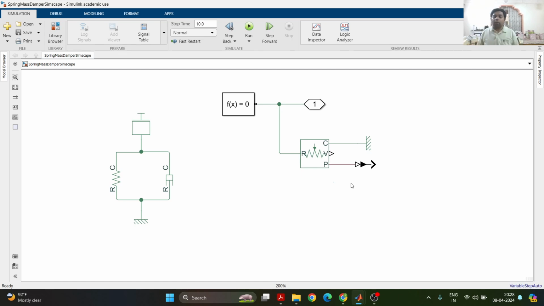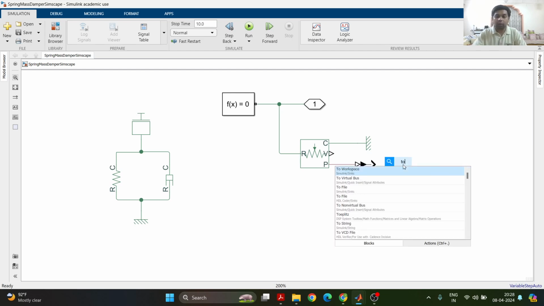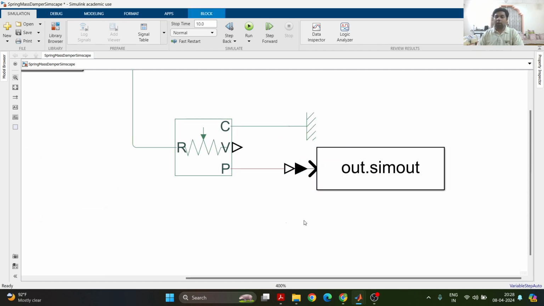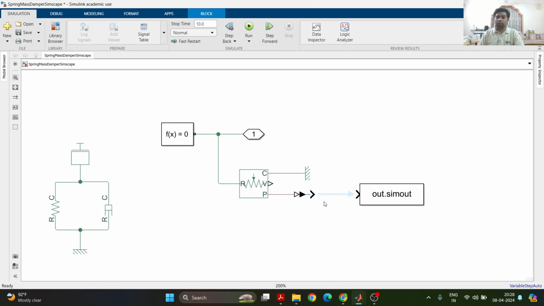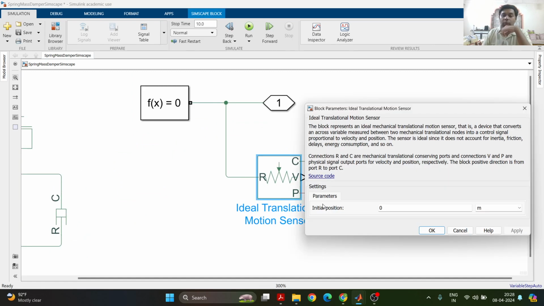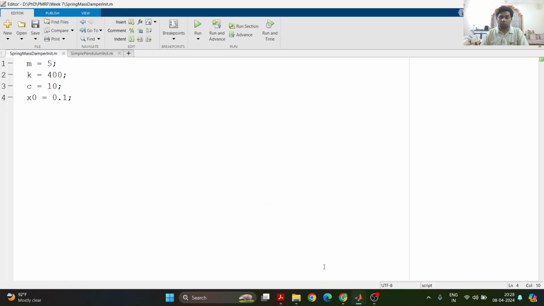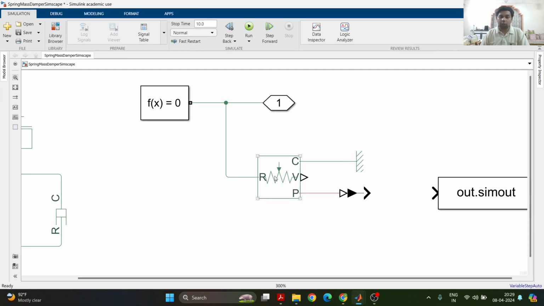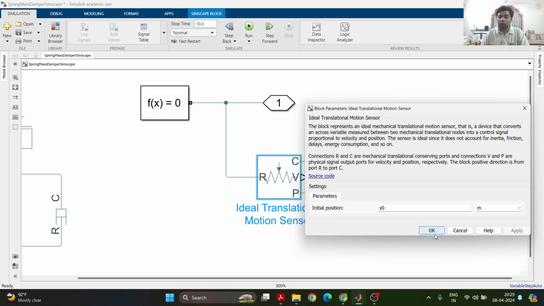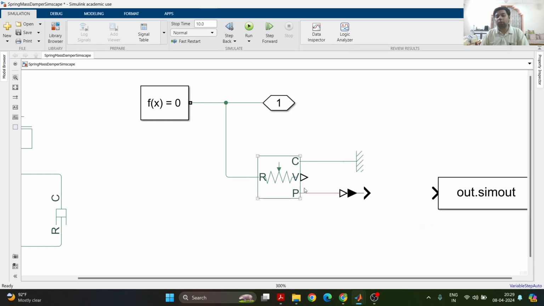But essentially what we are doing is, this has two ports: the initial position x naught is given to this block, and then we are reading this position, and we can also read the velocity here from this port.